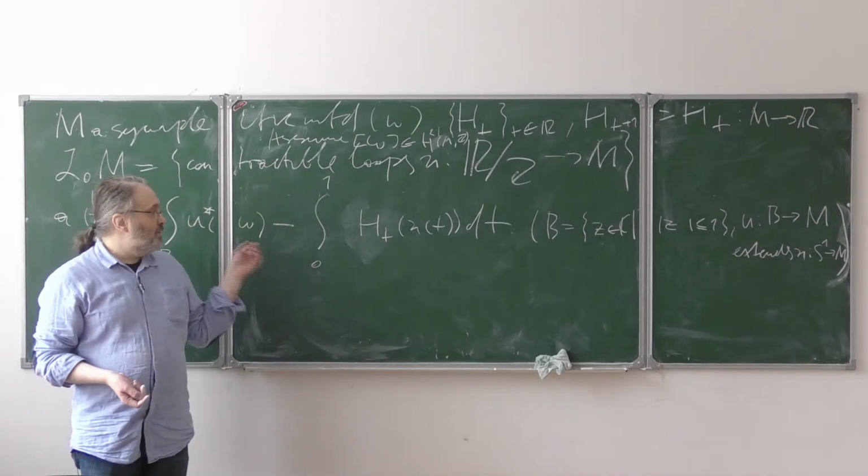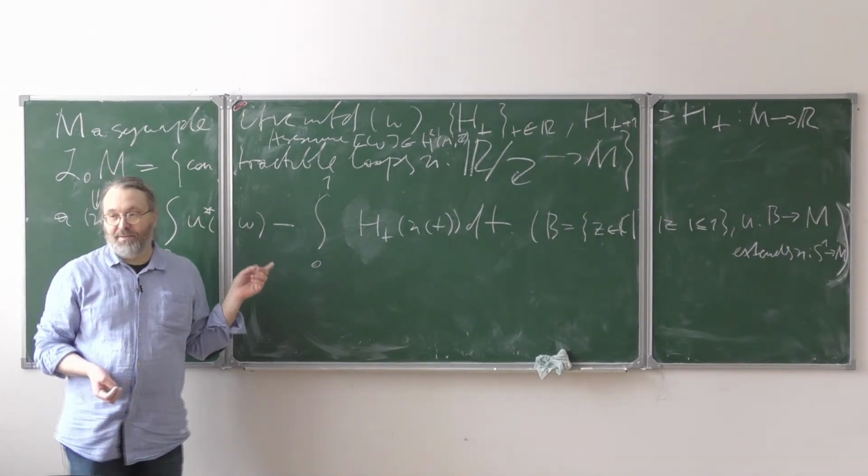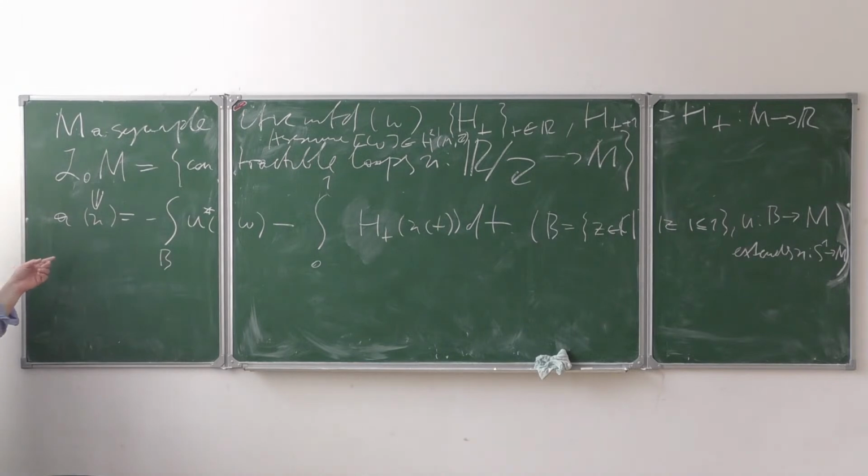Excuse me. This letter is Z or what? A of what? A of X. X is an element of L naught of M, which means it's a contractible loop.